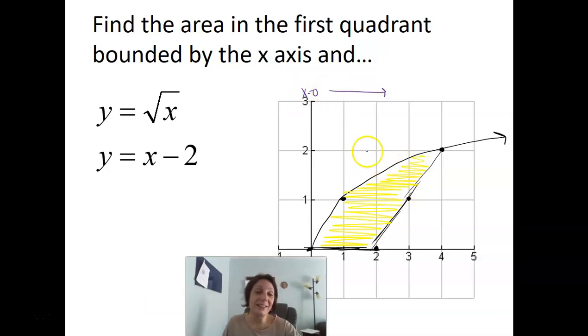If I look at it as a left and right boundary, on the left-hand side, my boundary is the square root of x every time. On the right-hand side, my boundary is x minus 2 every time.